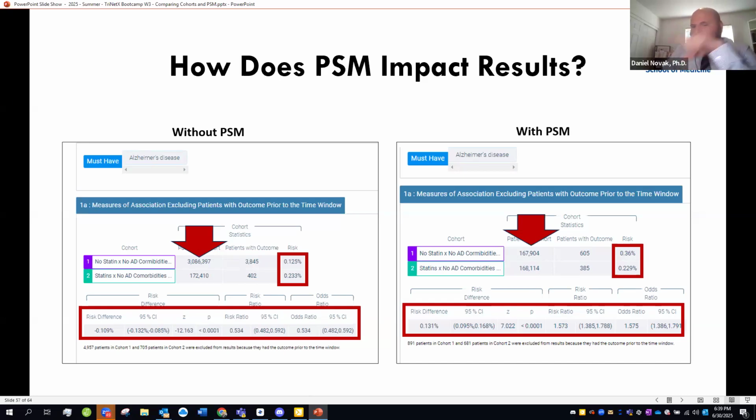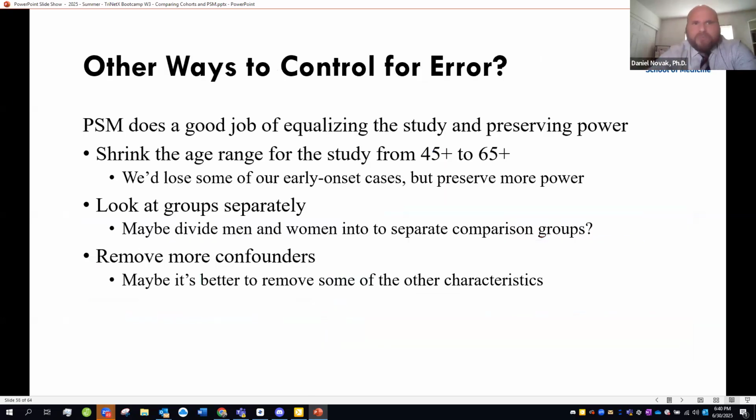So for every one person who meets a particular set of criteria in group 1, there's a matching person in group 2 who has a similar profile. And that helps us to see a much clearer, truer result than we had previously. So it does a good job of equalizing the study and preserving power.